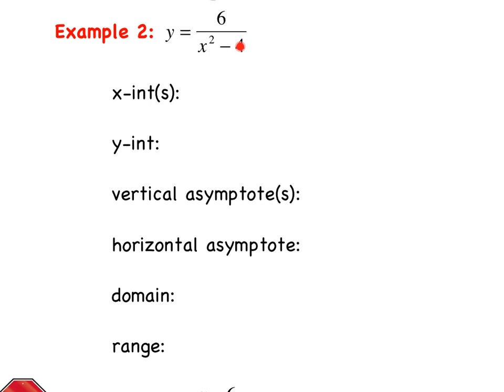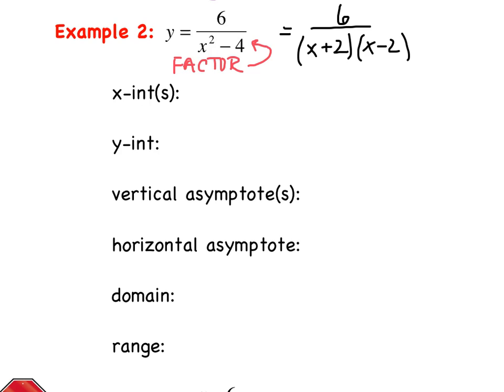Okay, so the first thing we're going to do is factor the denominator, if we need to. All right, and so what this is going to look like is now 6 over x squared minus 4 factored is x plus 2, x minus 2.